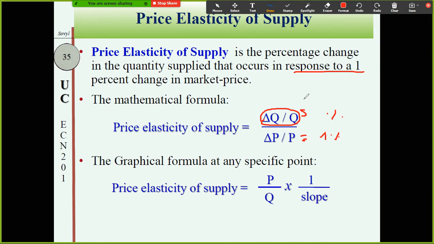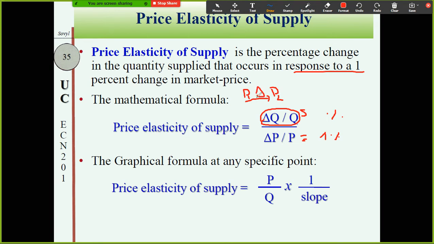So when the price of one product changes by 1%, how many percent does the supplier change their supply or their sales? This is price elasticity of supply. Formula: percentage change in quantity supplied divided by percentage change in price. This is when we have information in terms of change from one price to the other price.